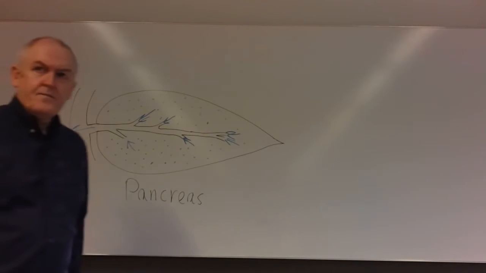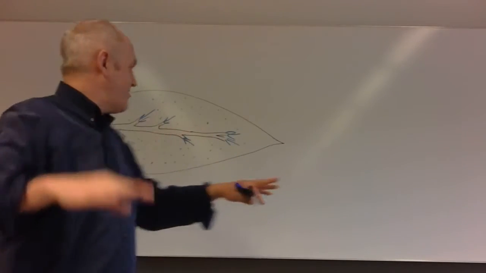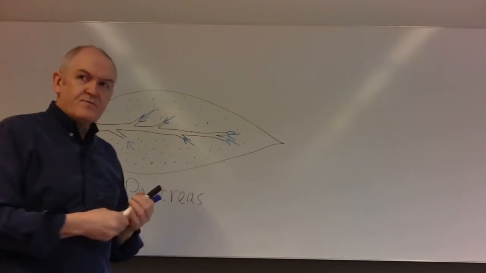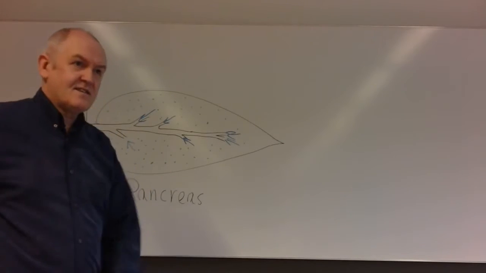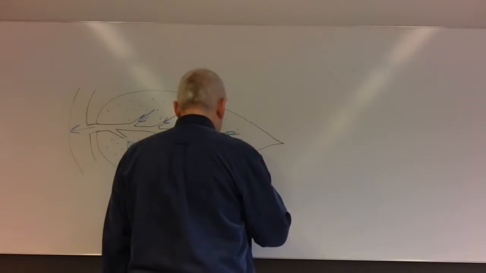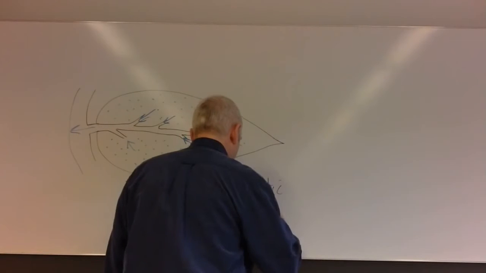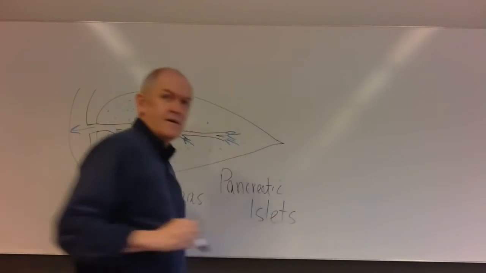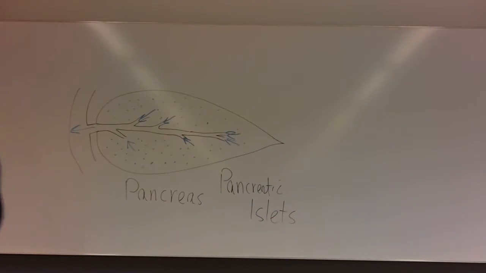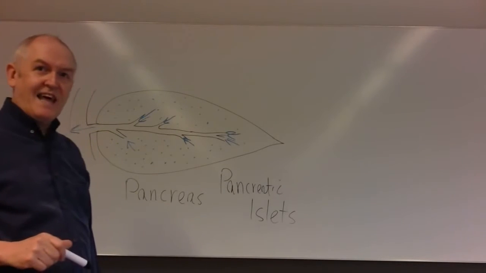And when you look at them in a microscope, it's like you're flying over a sea of pancreatic cells, and then from time to time you see these little islets. These are called the pancreatic islets. And if you're, I don't know, should we say about 35 or over, you probably learnt the term the pancreatic islets of Langerhans.